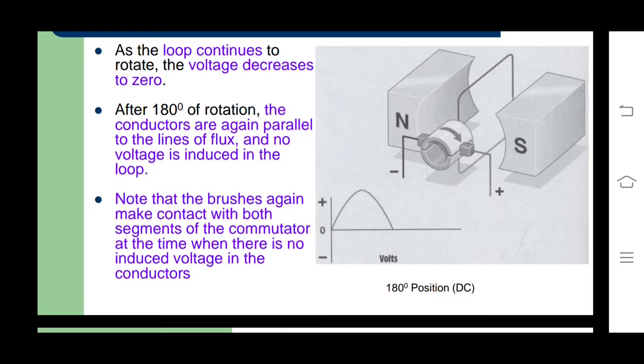Note that the brushes again make contact with both segments of the commutator at the time when there is no induced voltage in the conductors.